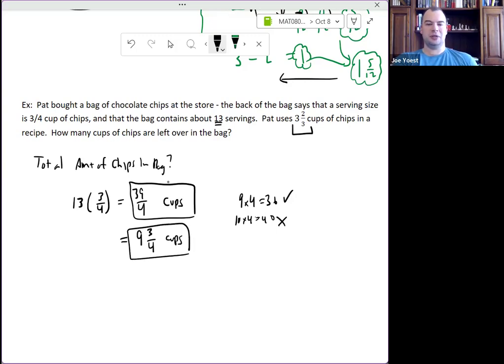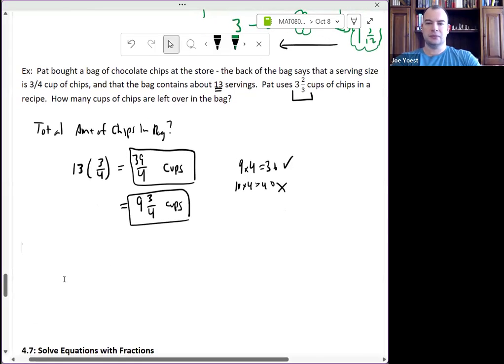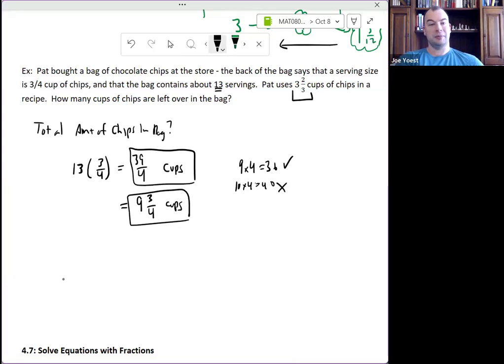So the total amount of chips in this bag will be about 9 3/4 cups. Now Pat uses 3 2/3 cups. How many are left? So what's left after the recipe is 9 3/4 minus 3 2/3.